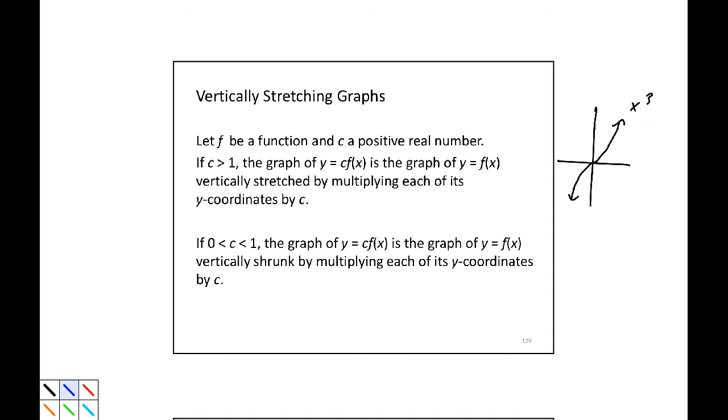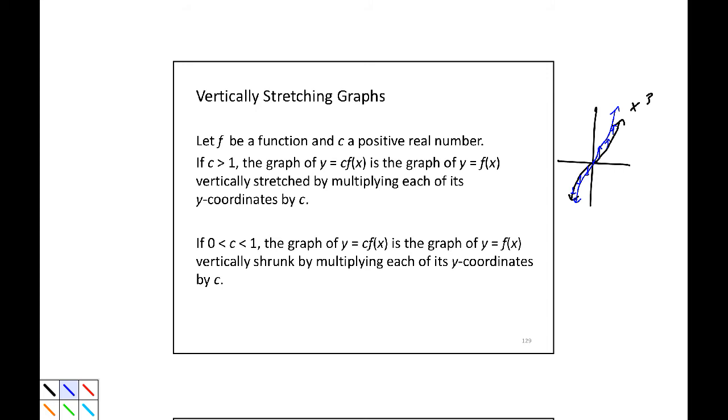So what it appears like is that my points are getting pulled further away from the x-axis, and that happens in both directions. And so I end up with a graph that appears, it's a very poor graph, but a graph that appears to grow faster. It gets further away from the x-axis quicker.